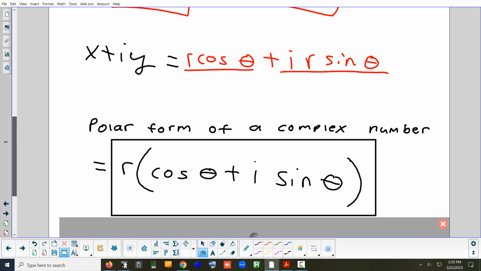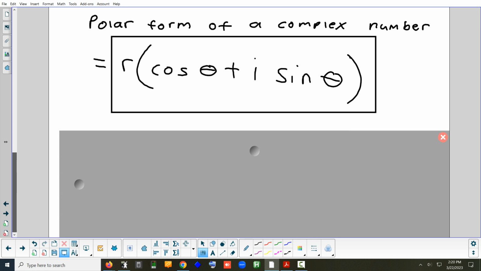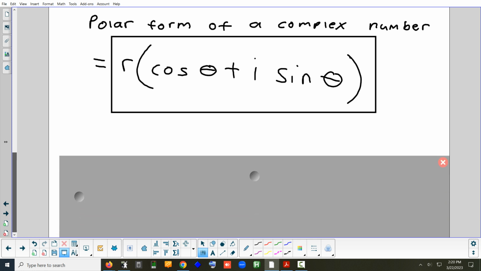So to write a complex number in polar form, it requires you to know two things, just like polar form without complex numbers requires you to know. What are the two things that you need to know? The radius and the angle. Okay, we have to know those two things. Well, how do you find the radius and the angle? That's what we learned yesterday. You use the exact same formulas.